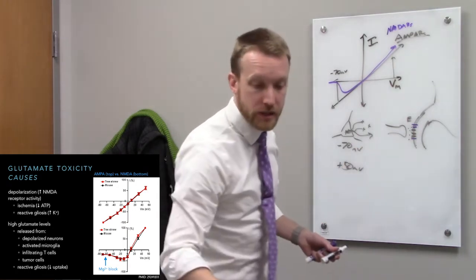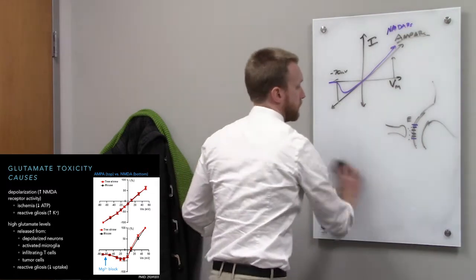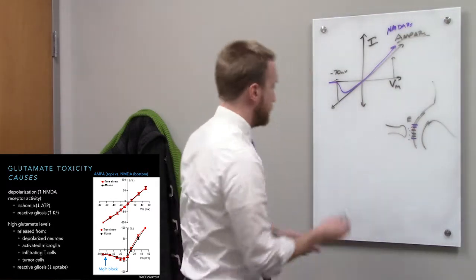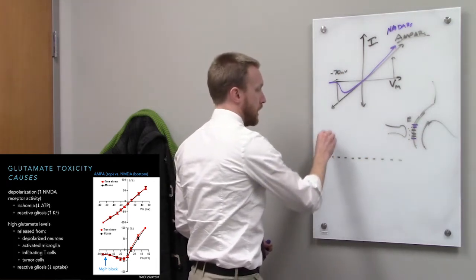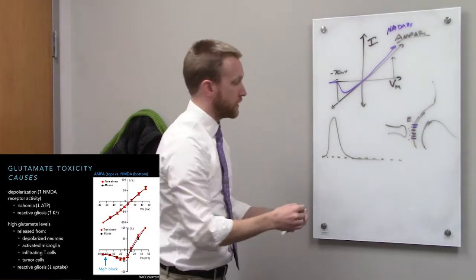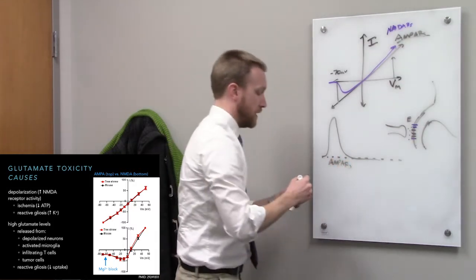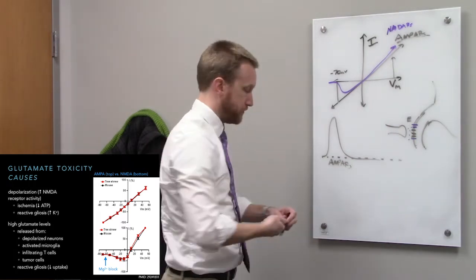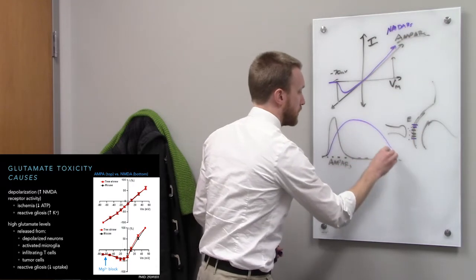So, across time, here's what our currents are going to look like. Let's say here's no current. Ampa receptors are going to have a very fast but rapidly desensitizing current. The Nmda receptors open a little slower, but they stay open for much longer.